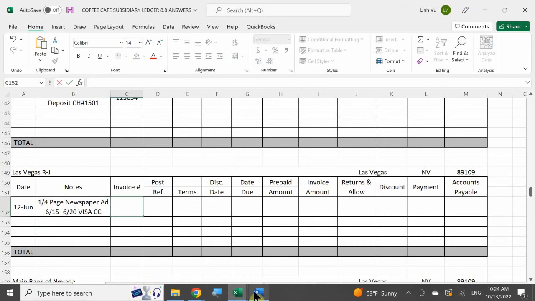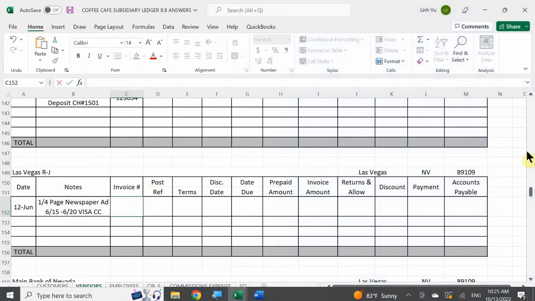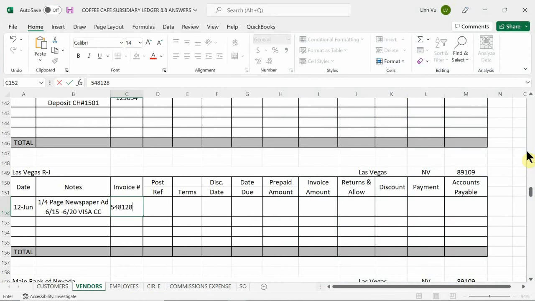Invoice, what was the proof of transaction? We received the receipt of 548128. Post reference, once again, is on the fourth journal. Terms. Well, we paid at time of service, at time of purchase. So in this case, no terms were given.